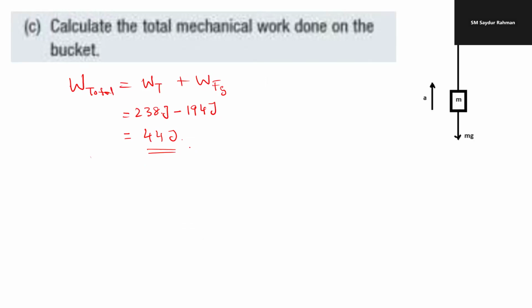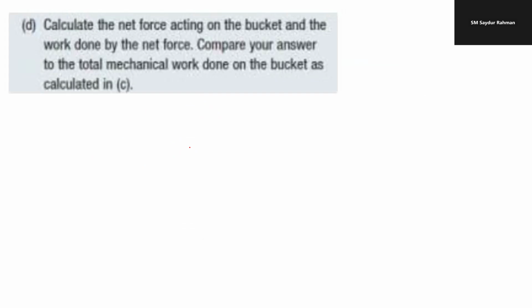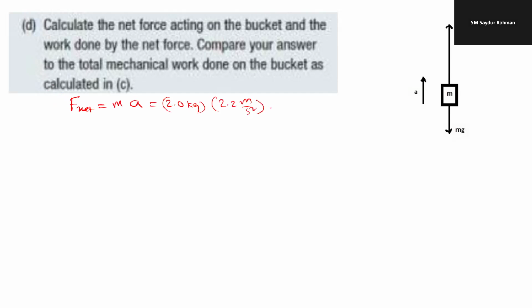Now in part D, it says to calculate the net force. We did actually, but we did not show it. So F net is equal to mass times acceleration. Mass is 2.0 kilogram, and acceleration is 2.2 meter per second squared, which is equal to 4.4 Newton. This is your net force.